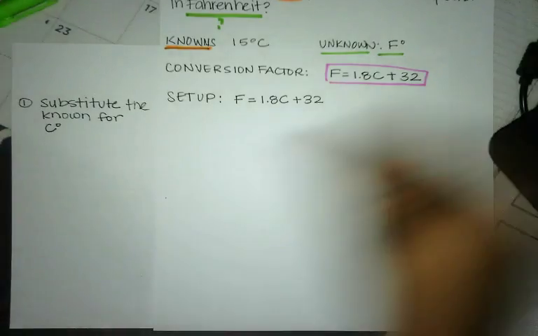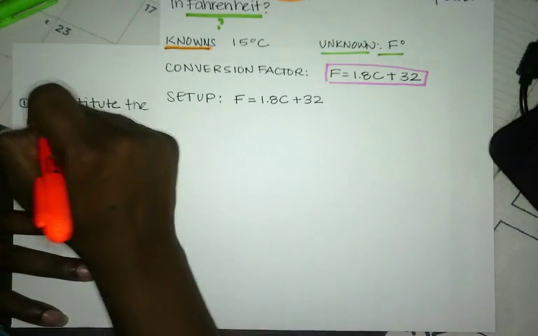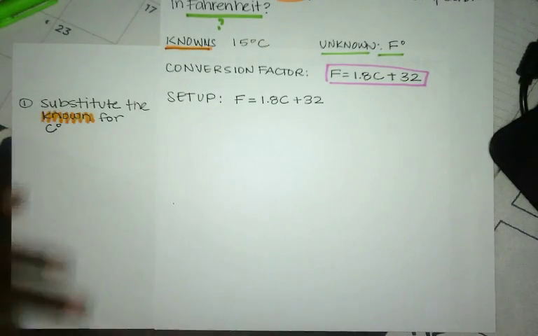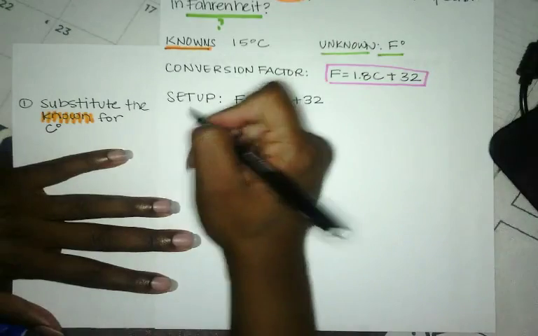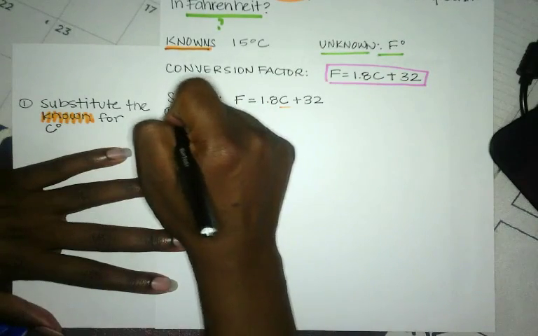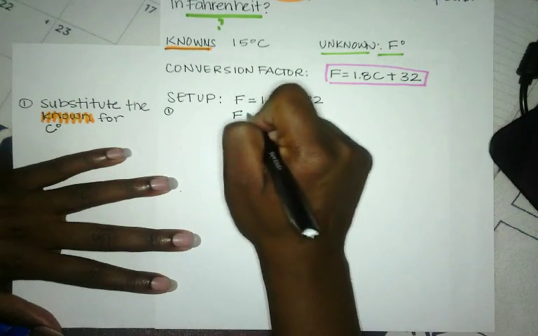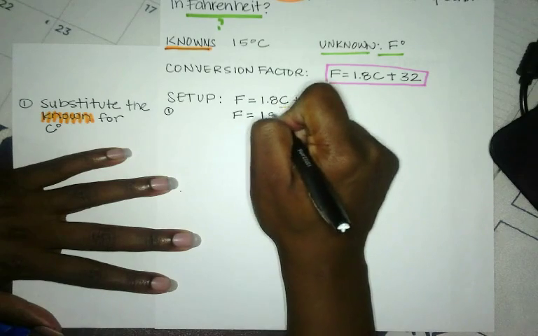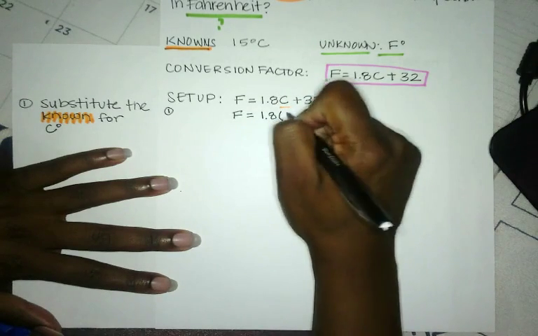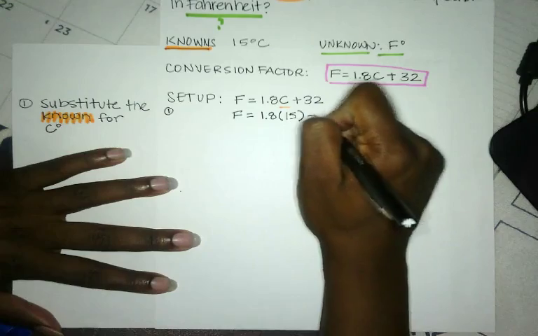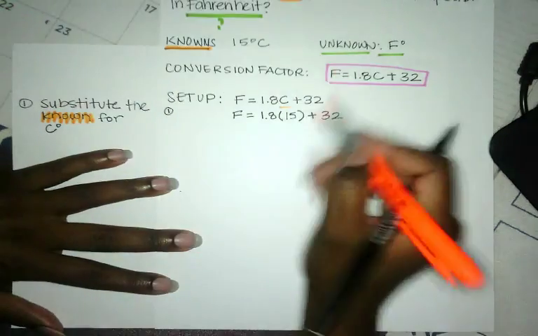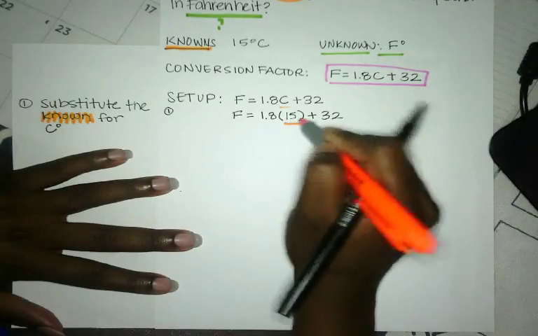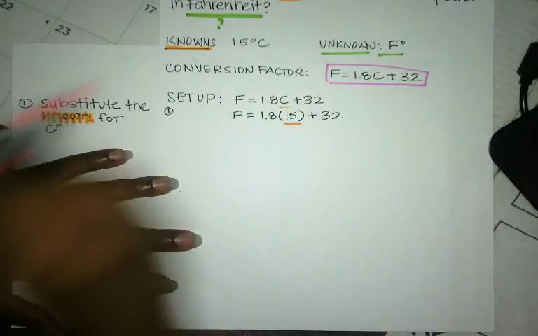So if you notice, our known in the beginning was orange. We're going to put that in where the C is, which is right there. Okay. So our first step is going to be F equals 1.8 times, and we're going to put parentheses around the 15, plus 32. Okay? All we did was substitute in that 15 that we had at the top.